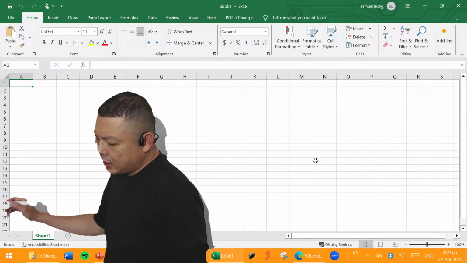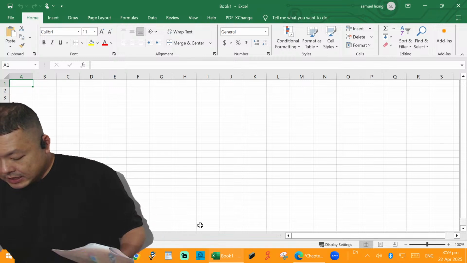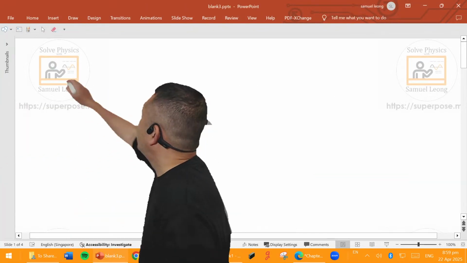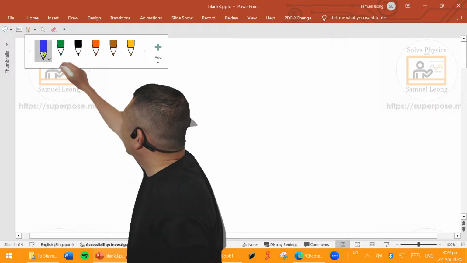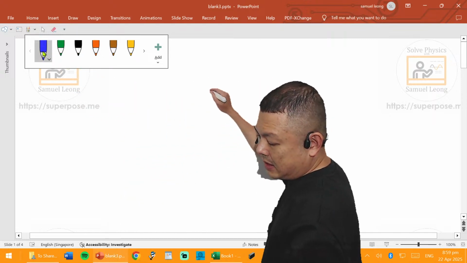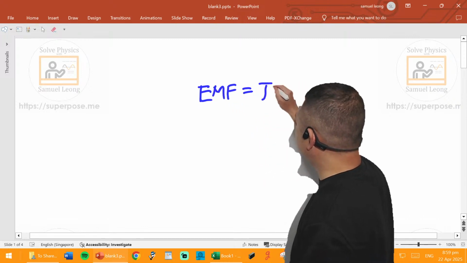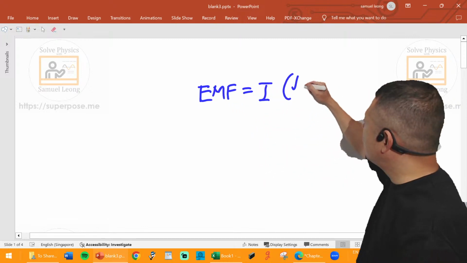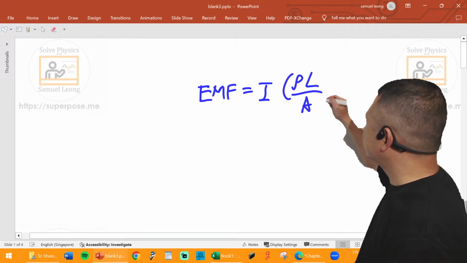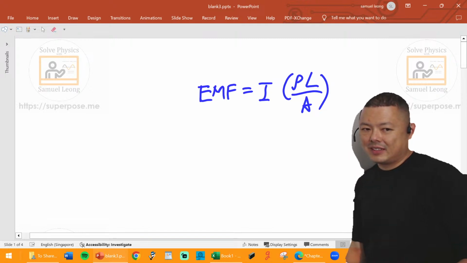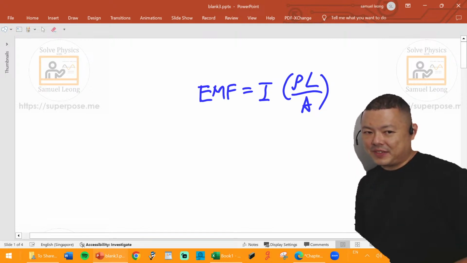Okay, so your situation is that you have the EMF equals I rho L over A, right? They make it look complicated, but actually it's V equals IR.